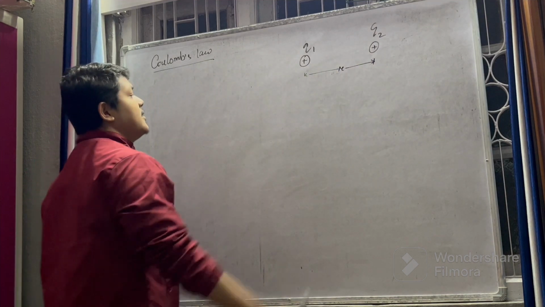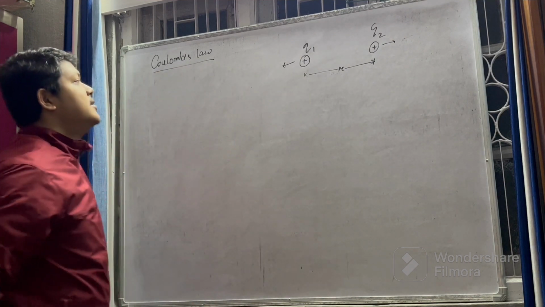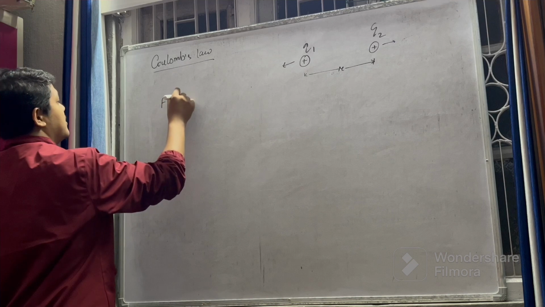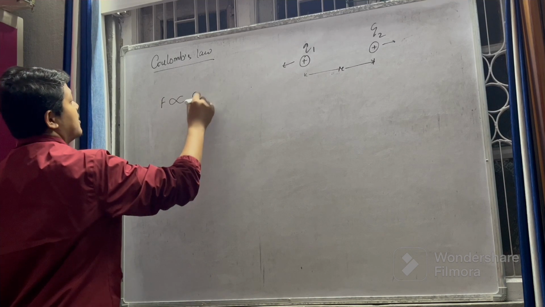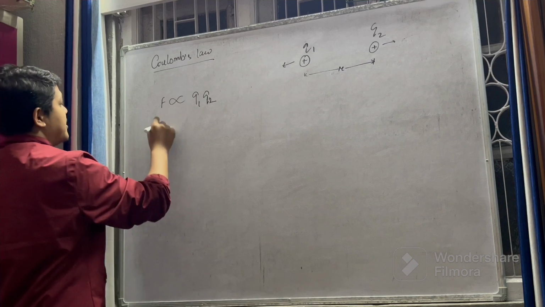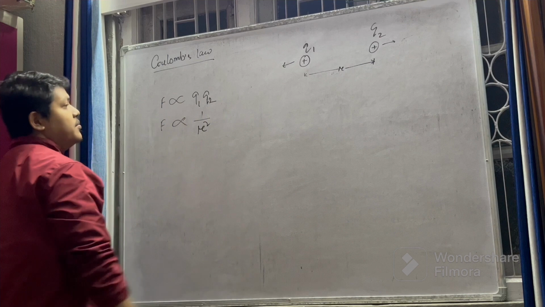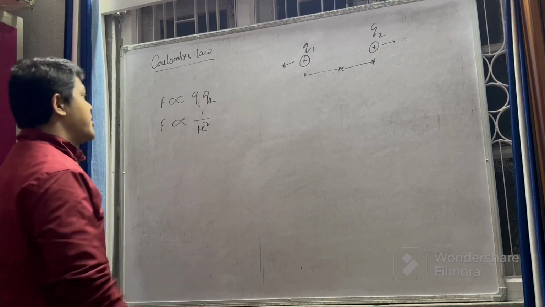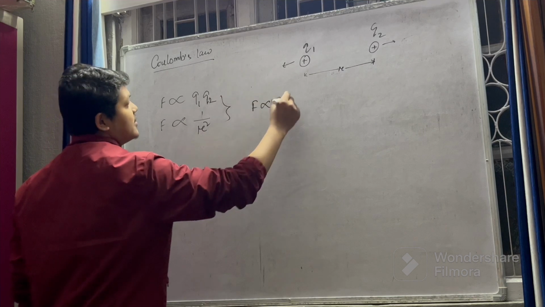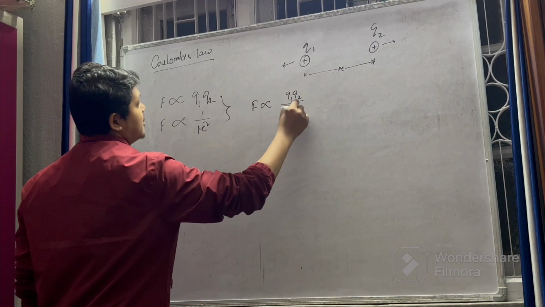Then they will repel each other. The electrostatic force between these two charges is directly proportional to Q1 into Q2, and inversely proportional to the square of the distance between them. Combining these two, we can write F varies as Q1 Q2 by r square.